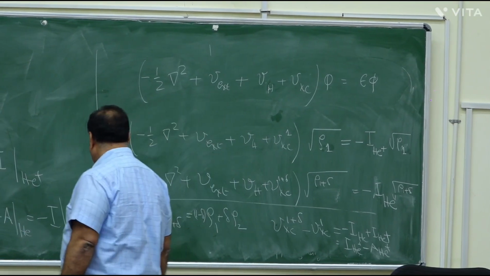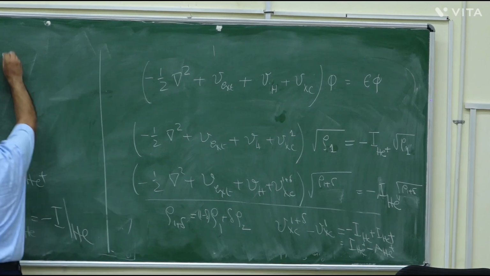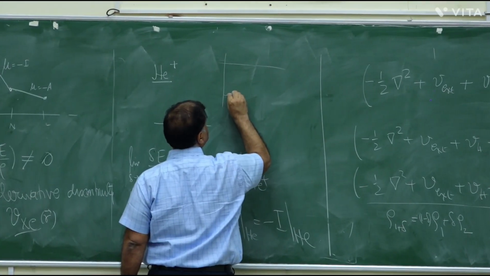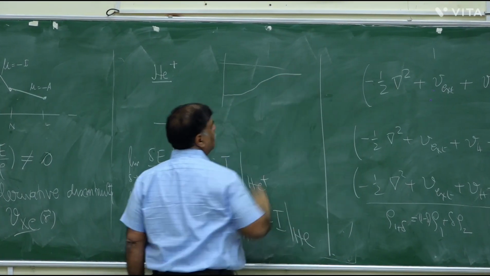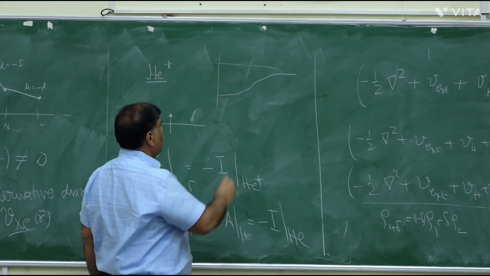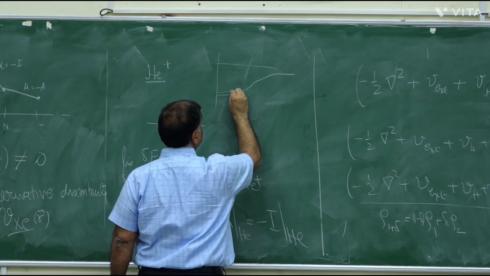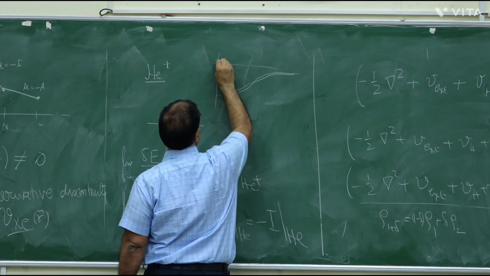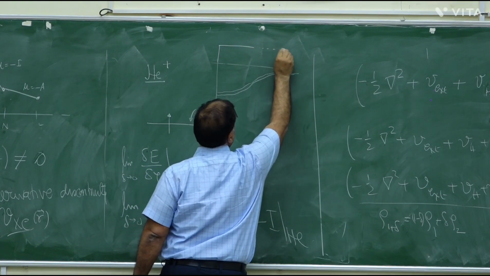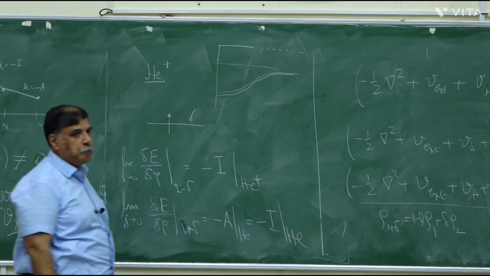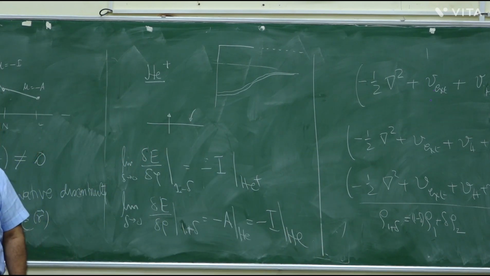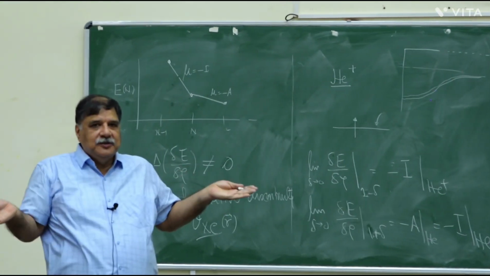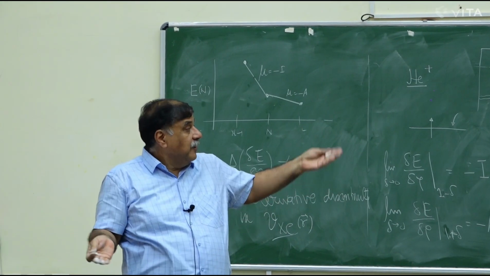All I've shown you is that if there was some potential for helium plus, I've gotten a potential for the other one, where the difference is some constant. What will happen here is we'll see. Suddenly the potential has jumped. When potential jumps, it does not change the density. The eigenvalue changes.